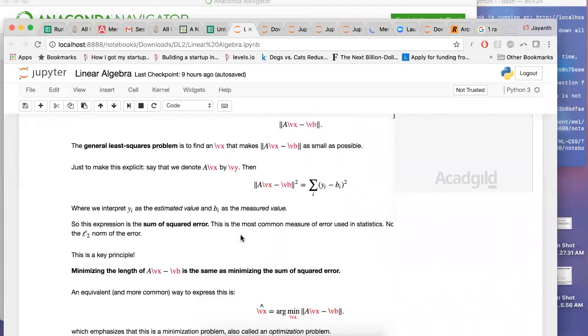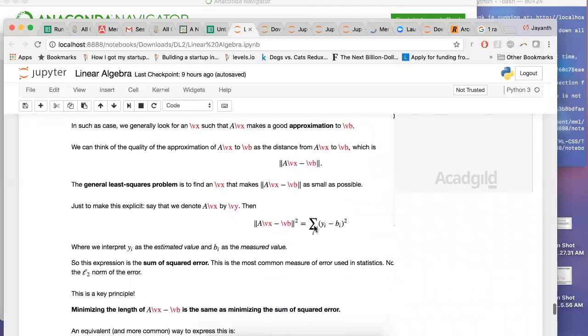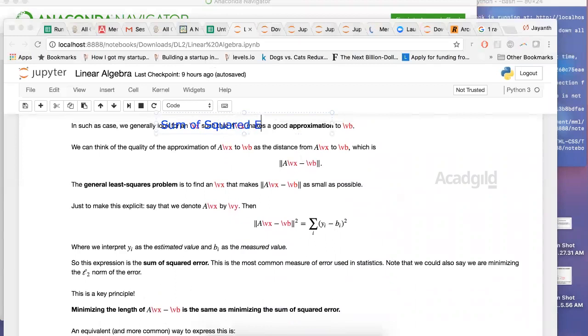Sum of square errors is nothing but predicted minus actual, squared, and the sum of this for each point.